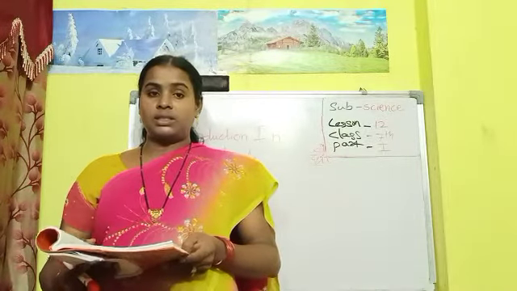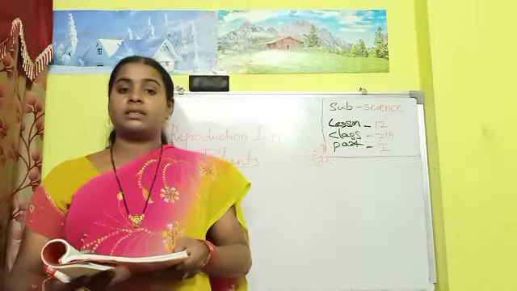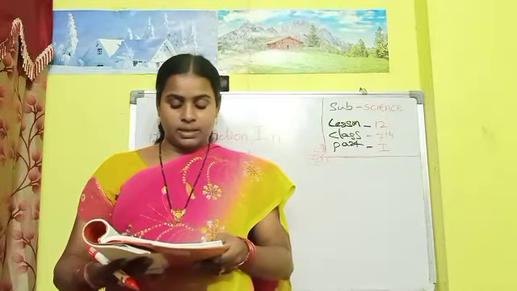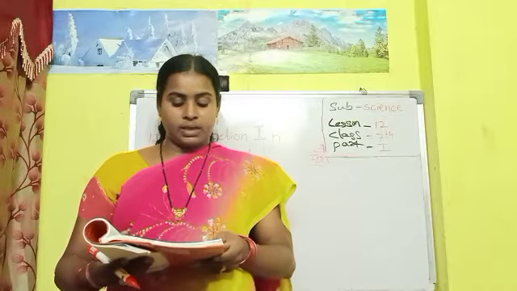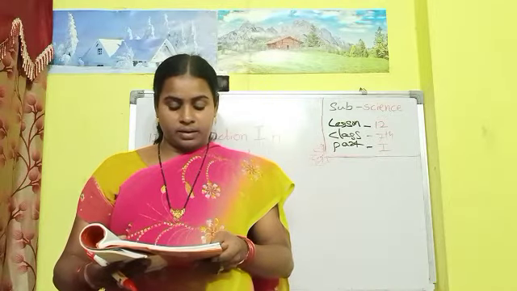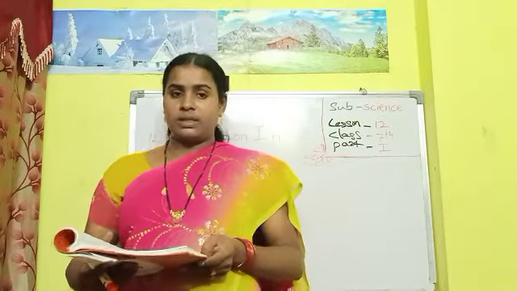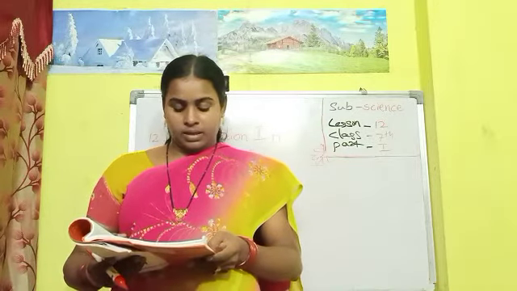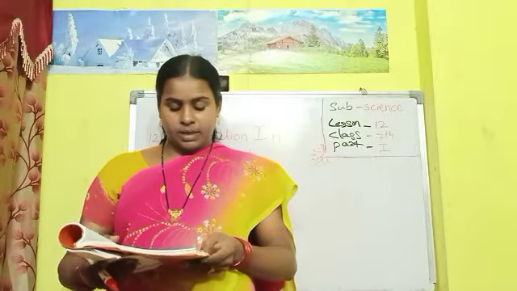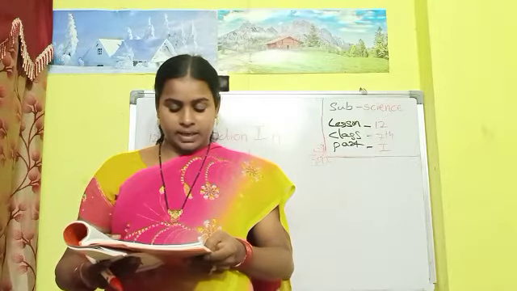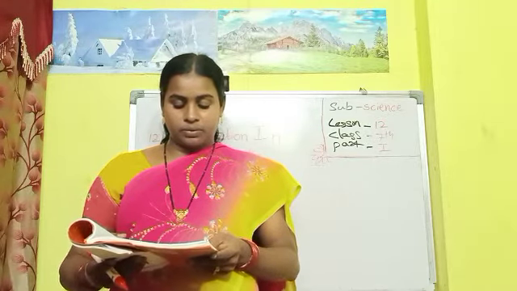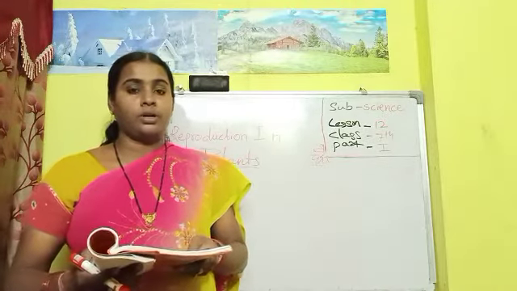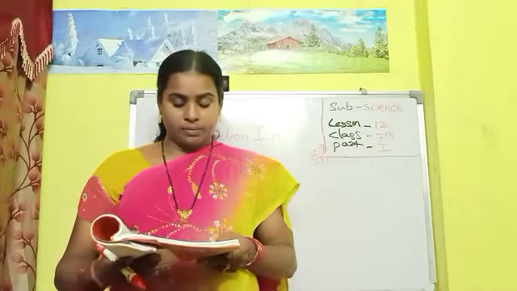Dhatura, China rose in the sense hibiscus, you can call Mandaram also, cucumber, bottle gourd, Tridax, sunflower. And you have to observe whether all these flowers have the same size and shape. Try to draw the flowers collected and write their names if you know them. Whatever flowers you collect, try to draw them and name them.